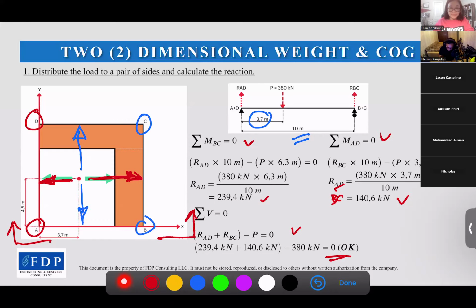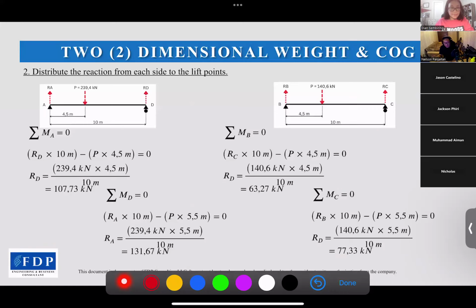And then once we get the reaction at AD and reaction at BC, then we continue to distribute the reaction to the joint points.